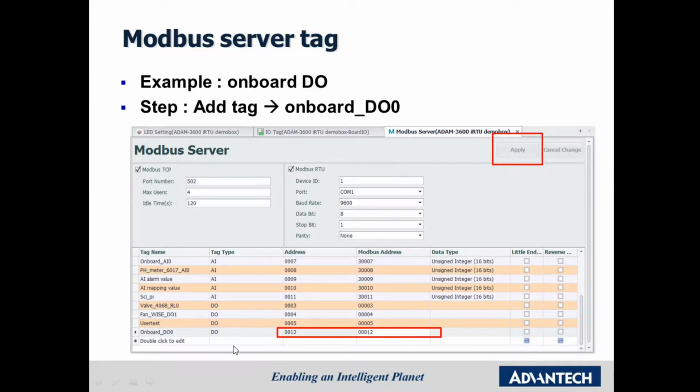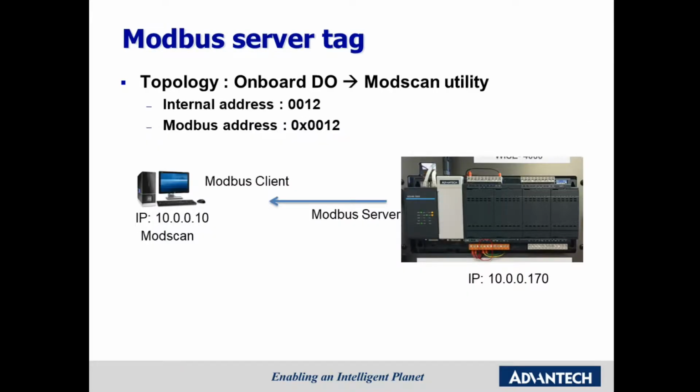So if it is DO type, it will add it as 00012. The Modbus address will be added in a sequence based on your adding tag sequence. So user may use ModScan to play as a Modbus client to get the onboard DO value.